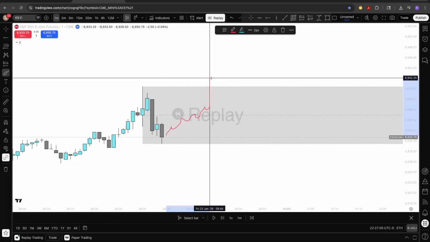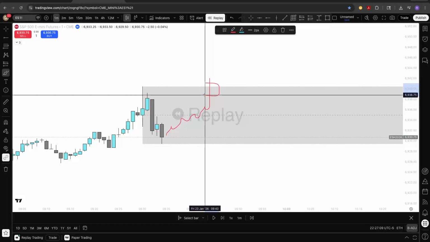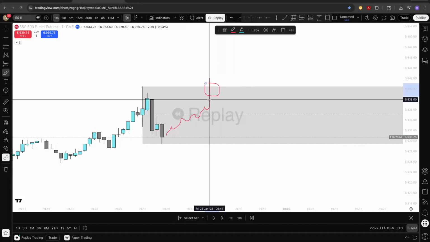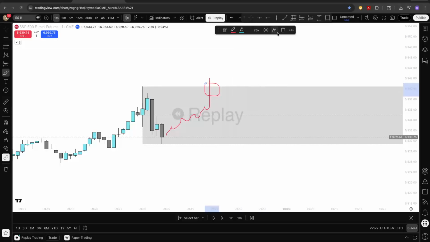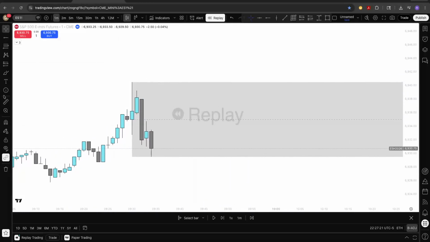We have a candle break and close above this box. We'll be looking for longs. All right? Very simple. This is probably the simplest way to pass accounts and actually make money in the markets.